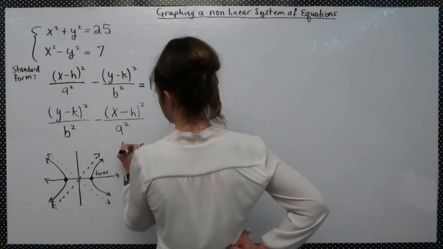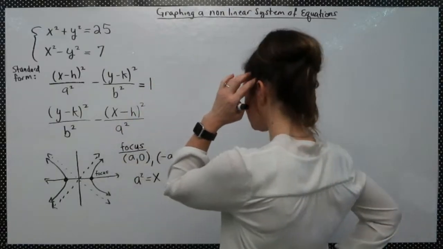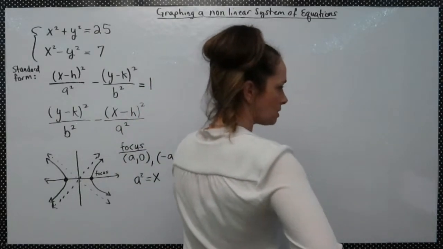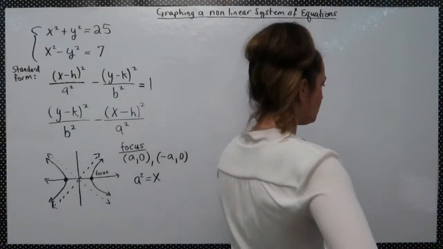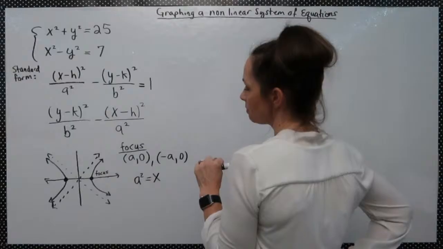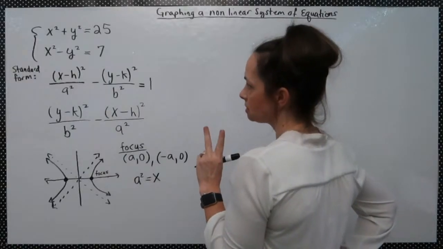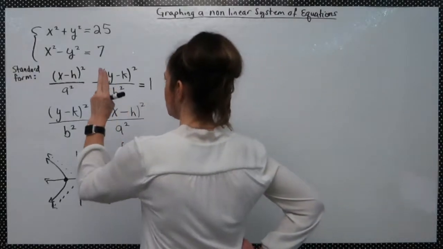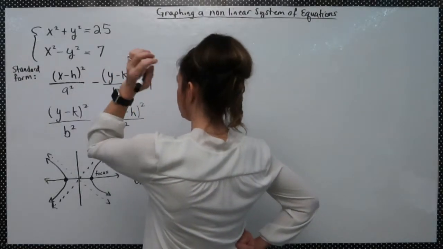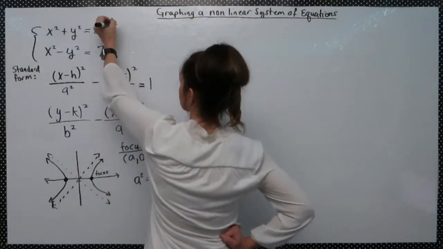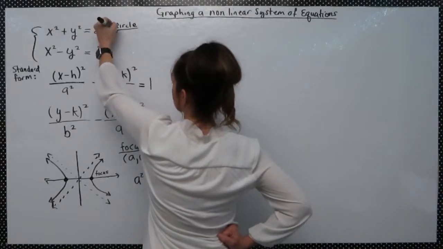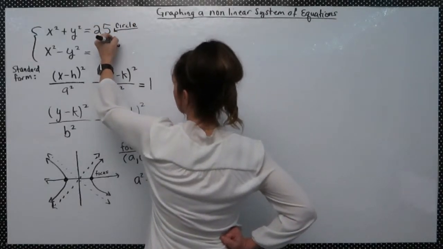And then there's also a way to find the directrix. The directrix is another value that we would probably need to graph the hyperbola. Anyway, I think that we're going to be able to just take this value here, and because this is my circle, so this is a circle, and this one is the hyperbola.